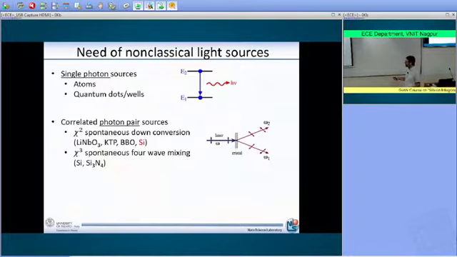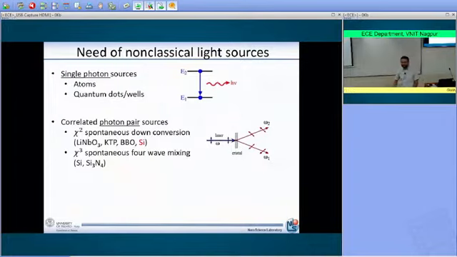But what is important is that in the first case, the source is deterministic, meaning that we know when the photon is going to be generated. Whenever we have one electron in this high energy state, a photon will be generated. On the other side, the second source is probabilistic, meaning that we don't know when the photon will be generated.